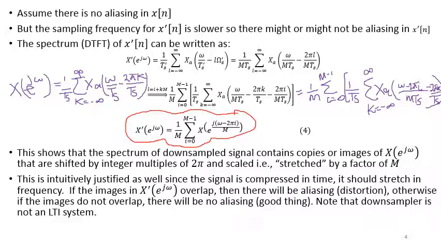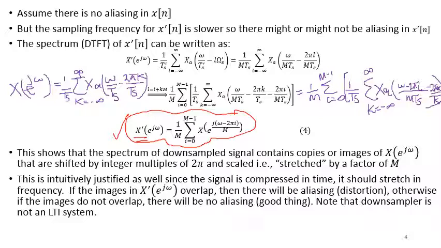If we replace omega by omega minus 2 pi I over M, sum I running from 0 up to M minus 1 and also scale it by this, we get the expression for the downsampled signal, x prime of e^j omega, downsampled by a factor of M. So that's the expression in terms of x of e^j omega.